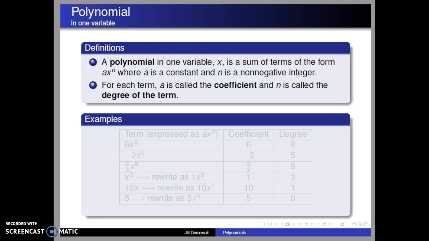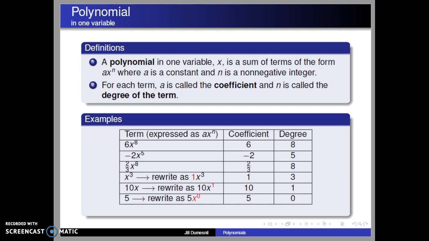Look at the table of examples. 6x to the 8th power has coefficient 6 and degree 8. Negative 2x to the 5th power has coefficient negative 2 and degree 5. The other examples are similar.